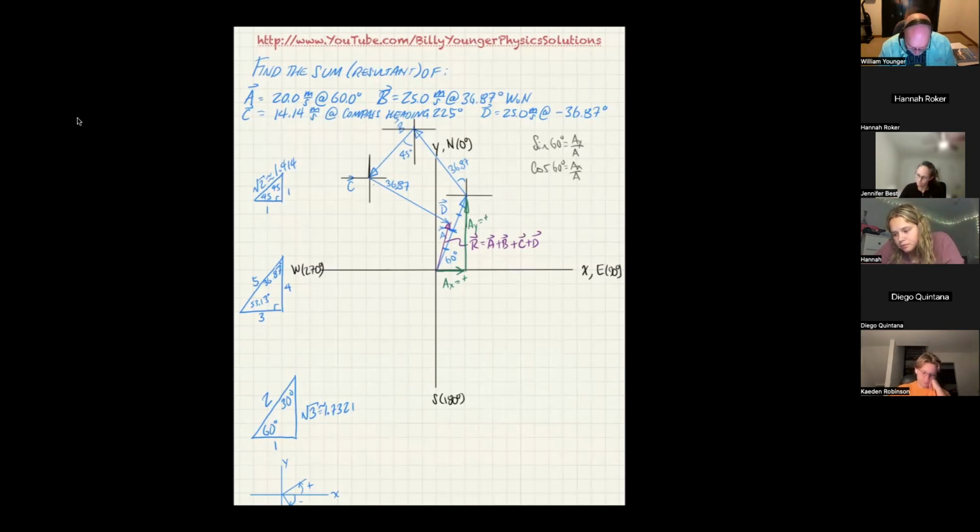And if we look at the special triangle that represents it, the hypotenuse is 2. So obviously we have to multiply those by 10, which means the x component, instead of being 1, is in fact going to be 10. And that's meters per second. And the y component, instead of being 1.7321, is going to be 17.32.